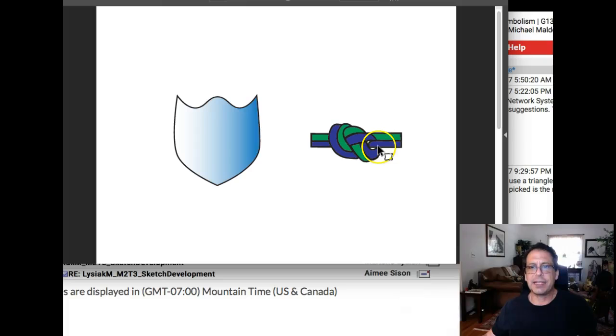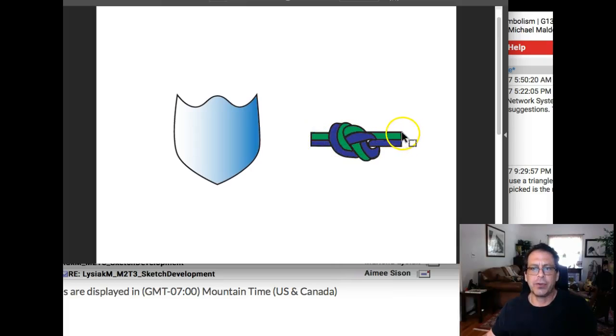So that's not indicating the same organic flow that would be coming from this knot. So I would suggest that maybe you make those a little bit more organic, a little less geometric, to indicate that those are actually rope. I mean, nothing major. Just kind of relax those rectangles just a little bit.